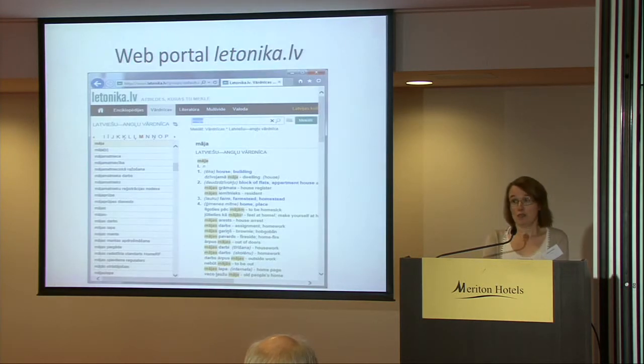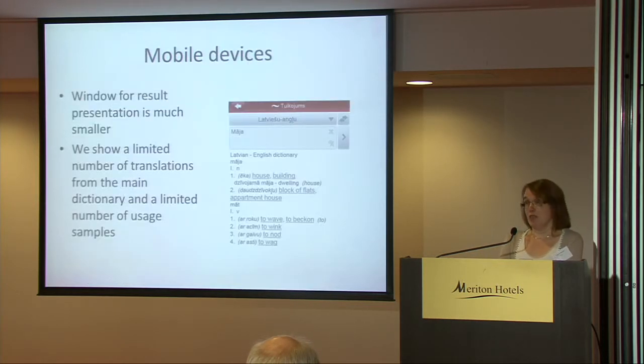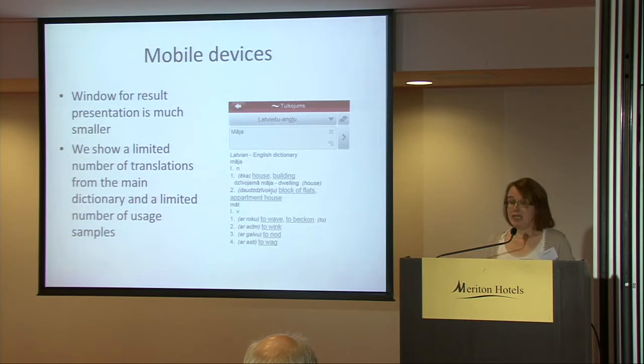Another possibility to use our dictionaries is through the web portal called Letonica LV, and it's actually the same content and a rather similar presentation. Finally, we also provide our dictionaries on mobile phones, and in this case we think about the user. A user can't have such rich content on a mobile device because it's just too small for it. Therefore, we limit translations on mobile devices to the most important from our viewpoint.